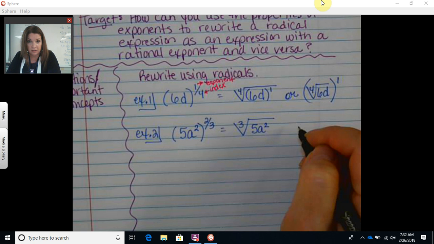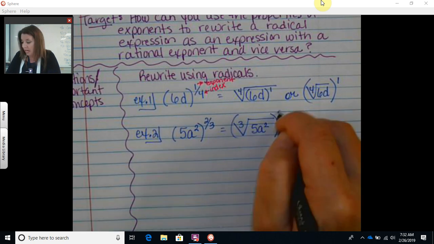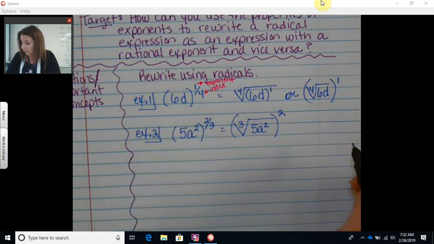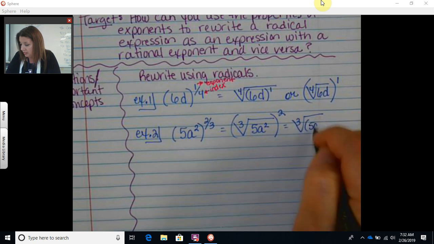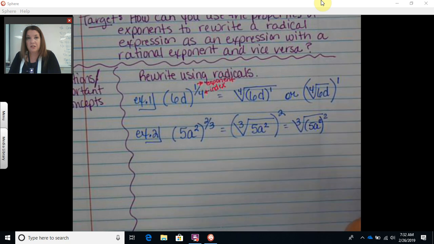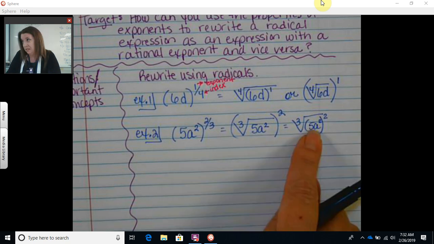To the second power. So you can either do the whole thing in parentheses, or I like to just do the inside, but either way it doesn't matter. Me personally, it makes more sense to write it like this: 5a squared, quantity squared. This looks confusing to me when it's the whole thing in parentheses. This doesn't, but it means the same thing. So whatever makes most sense to you.